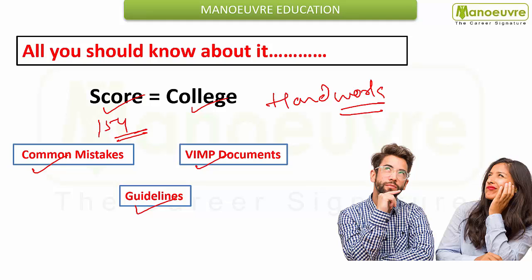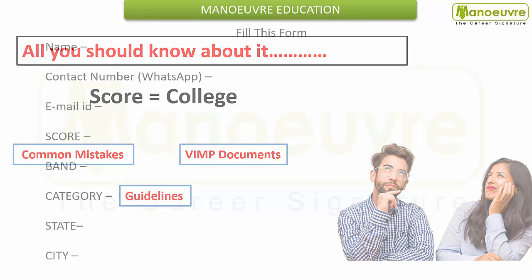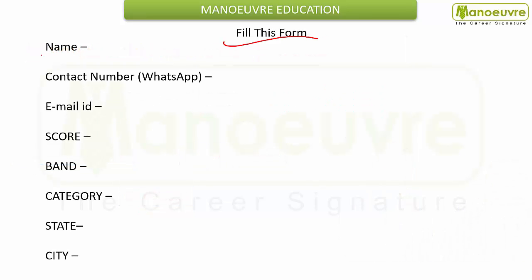So Manual has started the workshop session. So guys, fill this form to register for the workshop. It consists of all the details such as your name, the contact number, and if there is a WhatsApp number, then it will be very good.